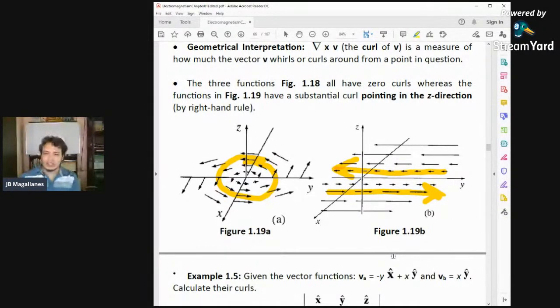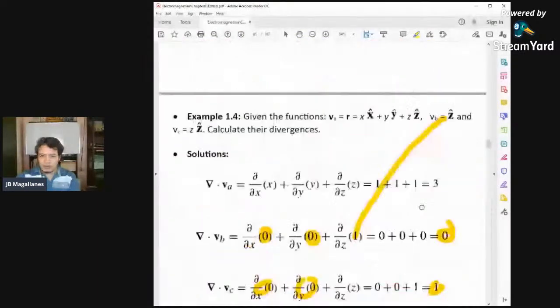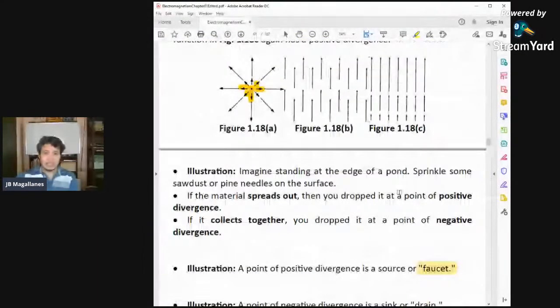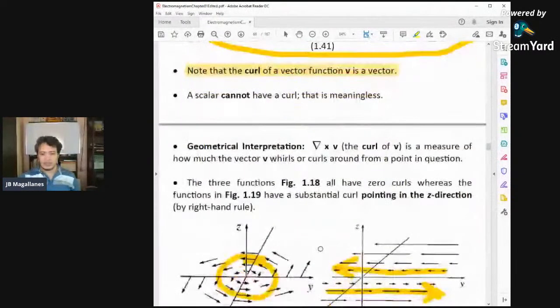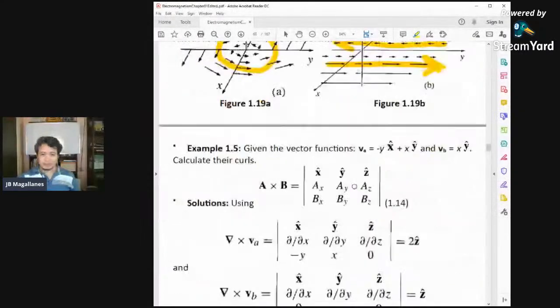That's the geometrical interpretation of curl. For divergence, it's not curling, it's just diverging away from or converging to the point. But for the curl, it is like revolving around the point. So this is what you mean by the curl.